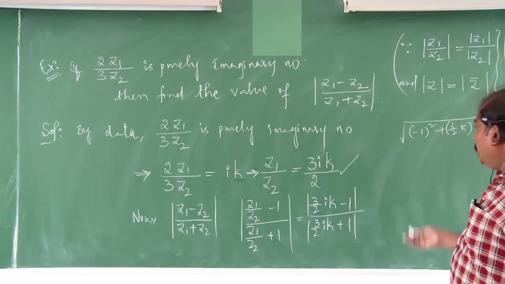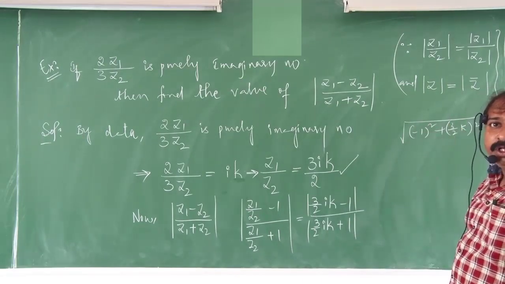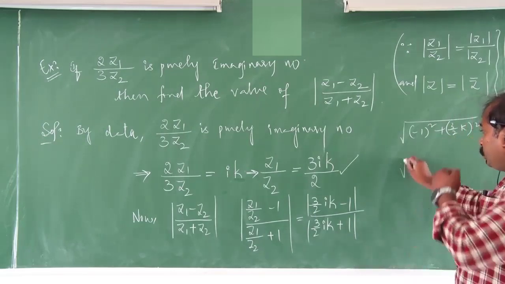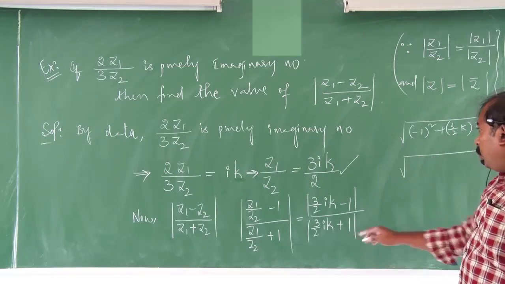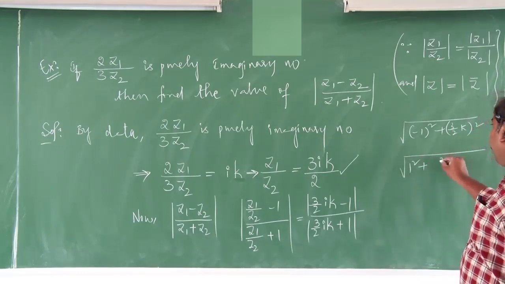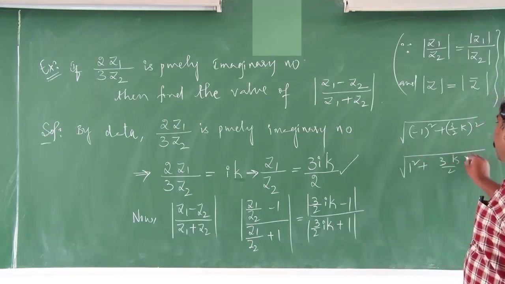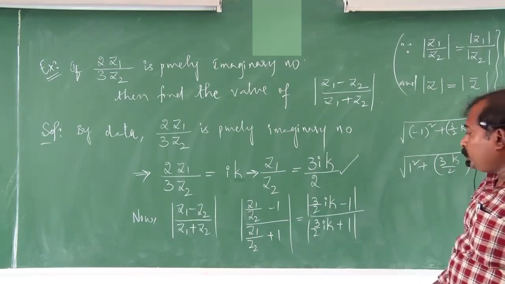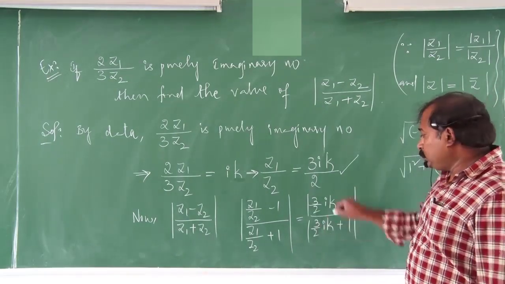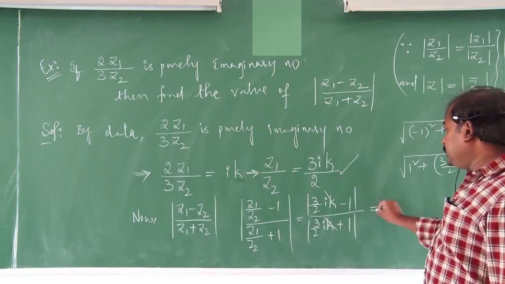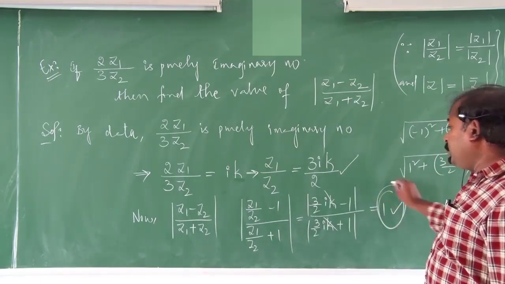Of course, minus 1 whole square is plus 1 only. In the denominator also, the modulus is root of 1 square plus 3k by 2 whole square. So the numerator and denominator values are the same, both get cancelled, and the value equals 1.